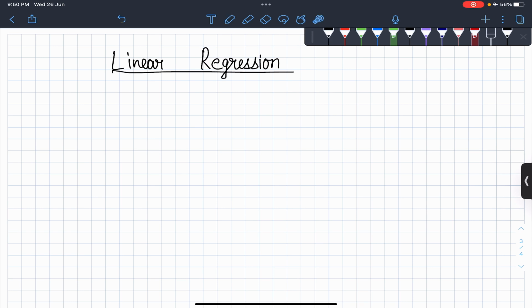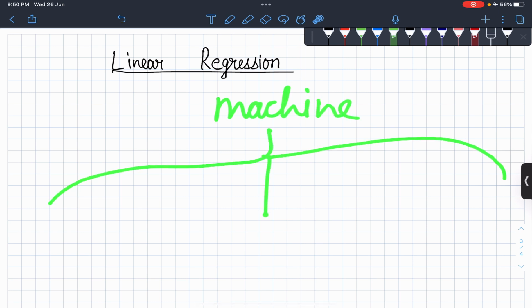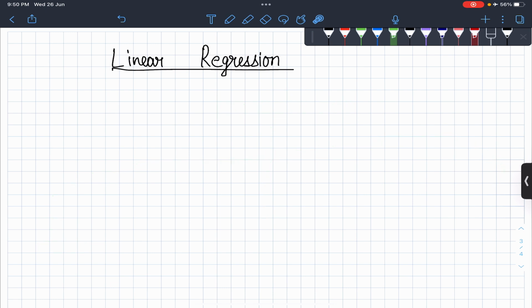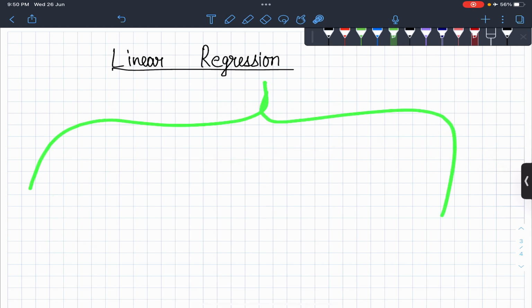If we are learning about linear regression, then you must know that it is actually a regression problem. In machine learning, there are three types: supervised, unsupervised, and reinforcement.